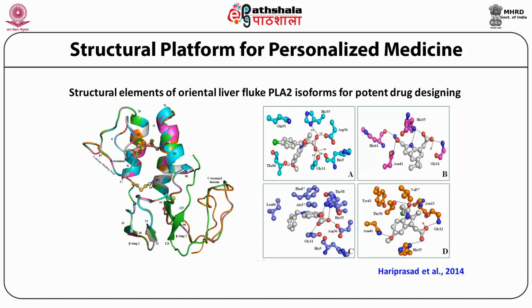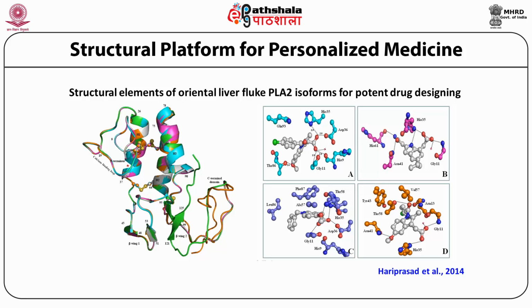Therefore, they could be having different isoforms for the same type or group of enzyme. When the sequence of the enzyme or the structure has a slight variation, it implies that you need to design different potent molecules that could ably bind to different isoforms in the respective individuals.